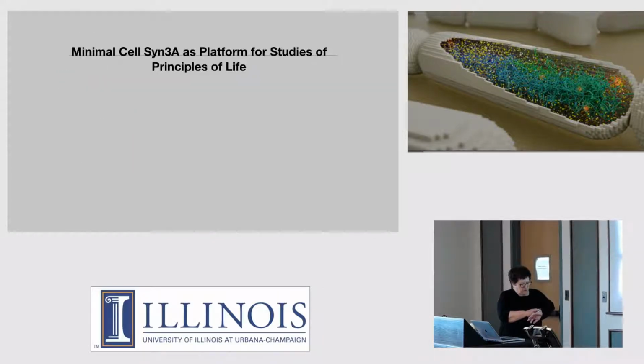So what I want to address next is the metabolism of this minimal cell, because, as I promised, it's going to be much simpler than the one of E. coli, and this will hopefully give us a really good overview of the principles of life.